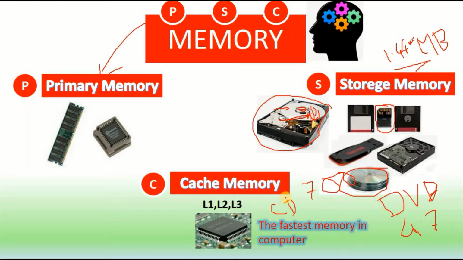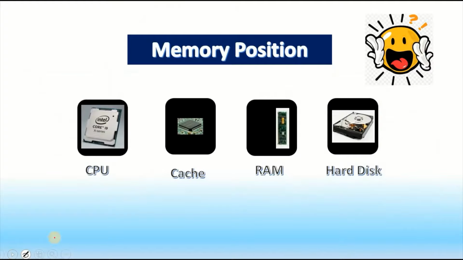Okay, cache memory, the fastest memory in the computer. Okay, now how does cache memory work, and what is the position of this memory, I discuss in the next slide. You must remember it. In every examination, in any competitive exams or in class exams, it is important.